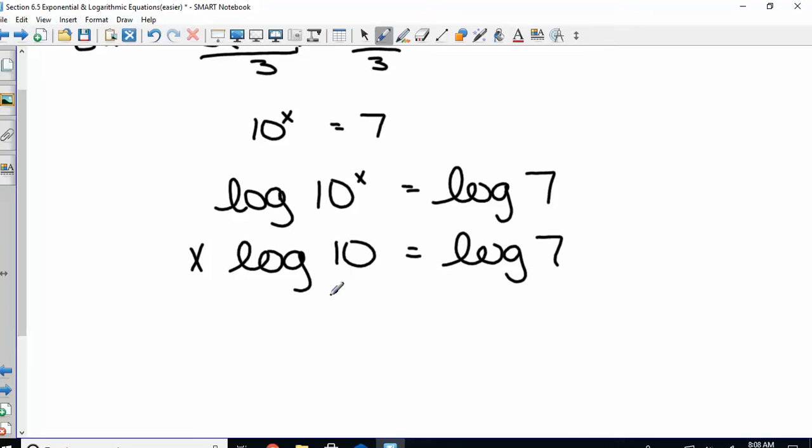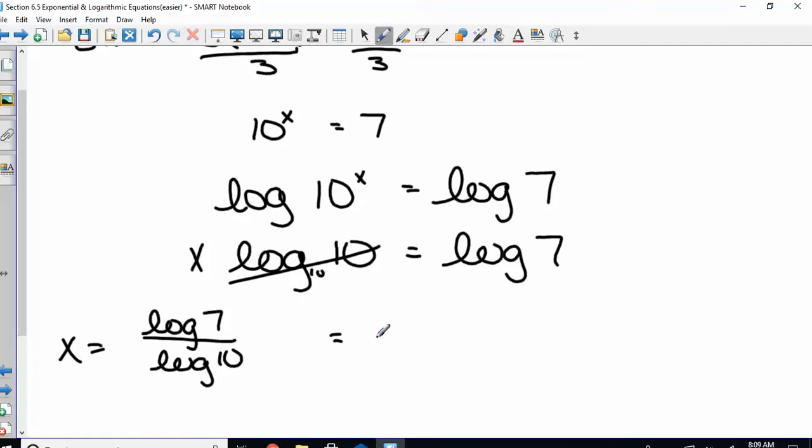You could divide by log of 10. But if there's not a base written on your log, what is the base? So this is like log base 10 of 10, which is 1, it cancels. So a couple ways. If you didn't catch that, you could do log of 7 over log of 10. Or if you realize log base 10 of 10 cancels, it's really just log of 7.